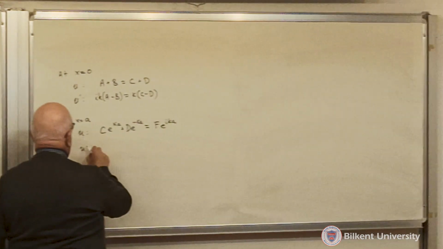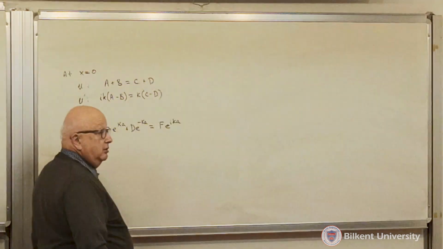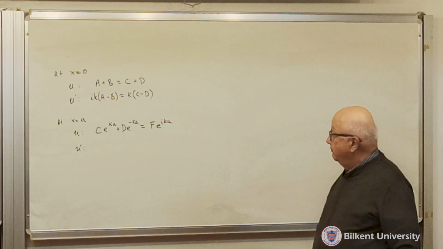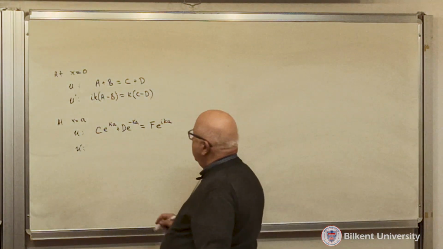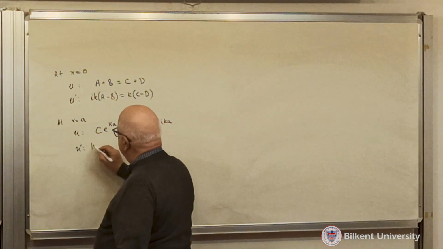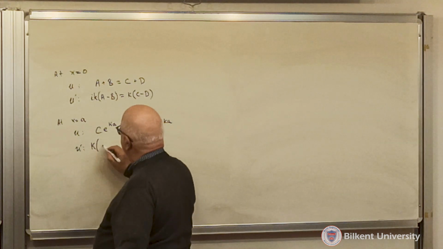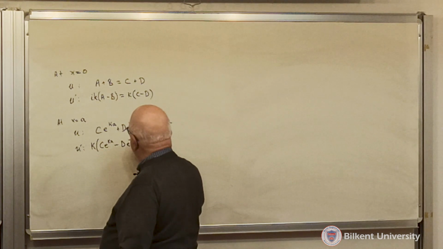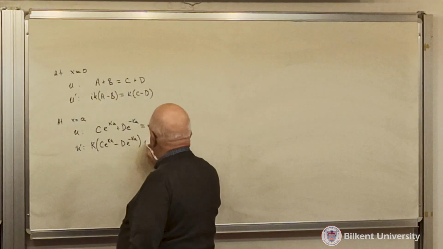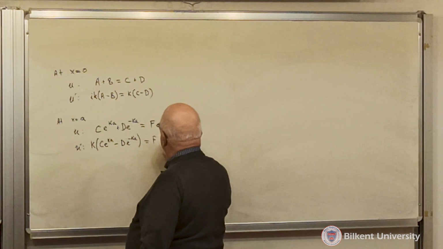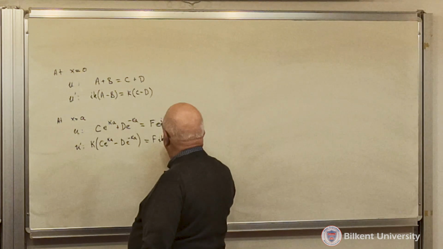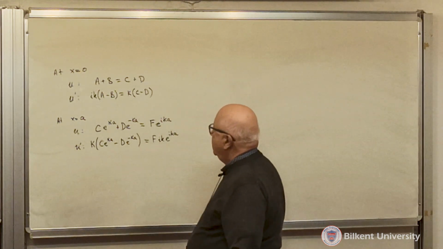Similarly, if I just want to match the conditions for the derivatives, this differentiation will bring down a k, and I'll get c e to the ka minus d e to the minus ka is equal to f ik e to the I k a, right?